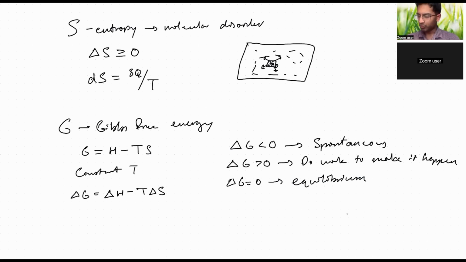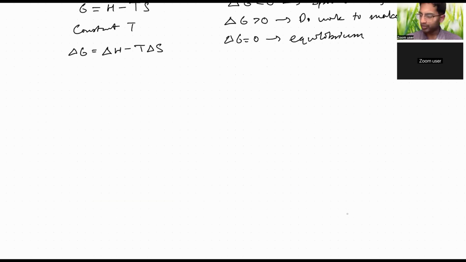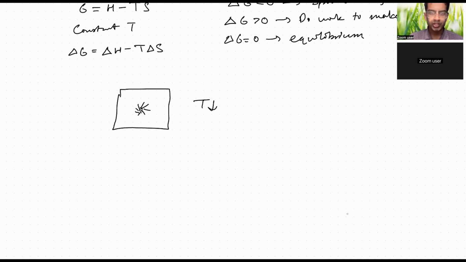So let's actually do an example with Gibbs free energy here. And this is going to be more of a conceptual example. Have you ever used an instant ice pack? An instant ice pack drastically lowers the temperature, right? Basically, how this instant ice pack works is you dissolve ammonium nitrate, NH4NO3, in water.